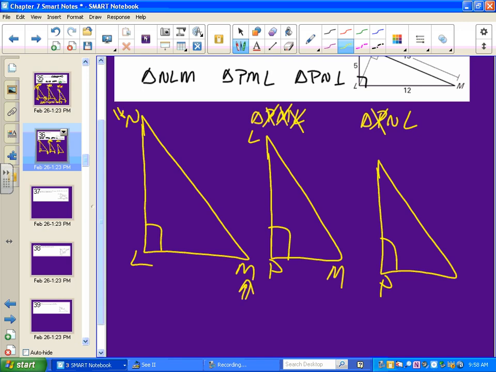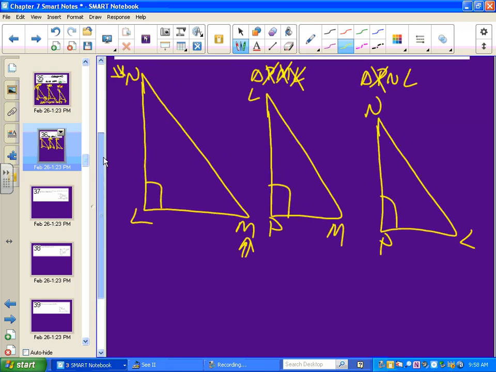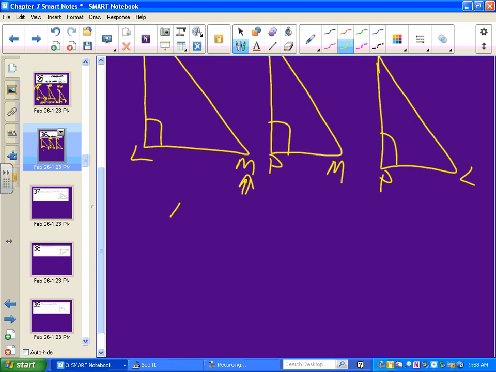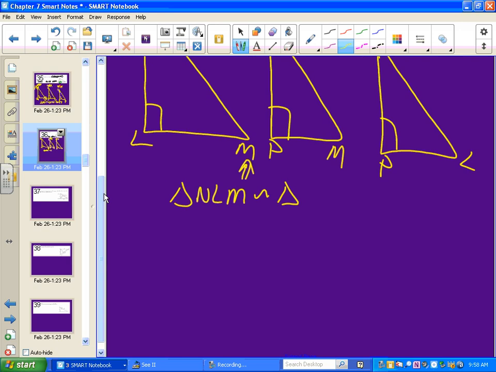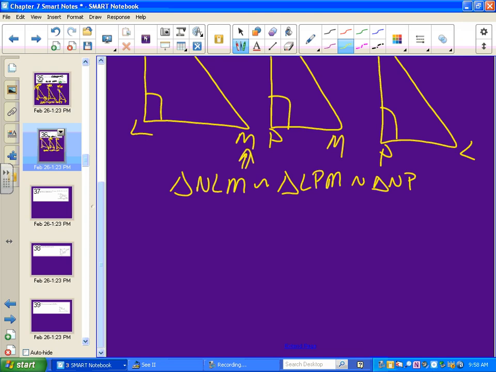N is up here at the top, so N goes up at the top here. L goes at the bottom down there. So, when we write the similarity statement, we have triangle NLM is similar to triangle LPM, which is similar to triangle NPL.